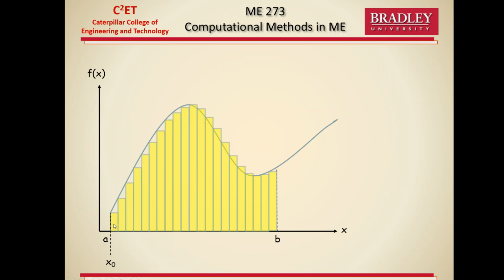You'll notice that that also coincides with the left-hand edge of the first rectangle here. Now, the height of that first rectangle is simply the function evaluated at that position x0, or a. So that's what this represents, the height of that first rectangle.